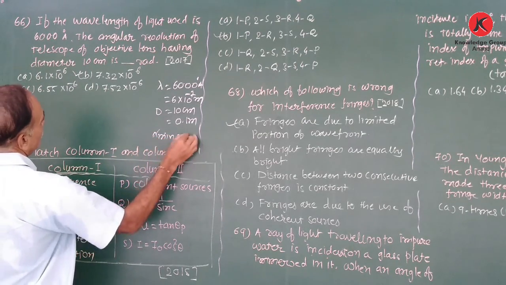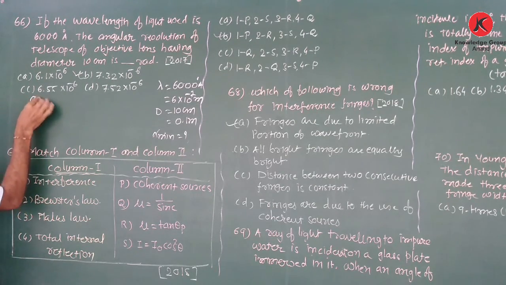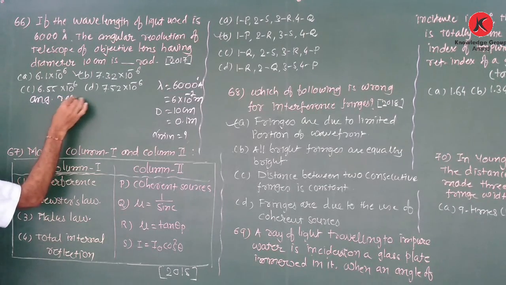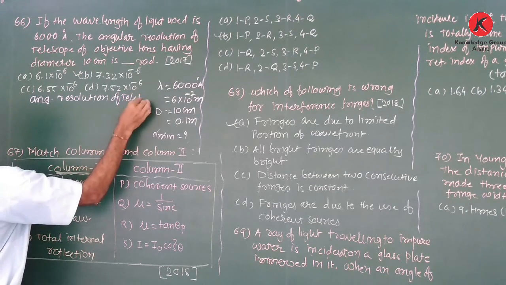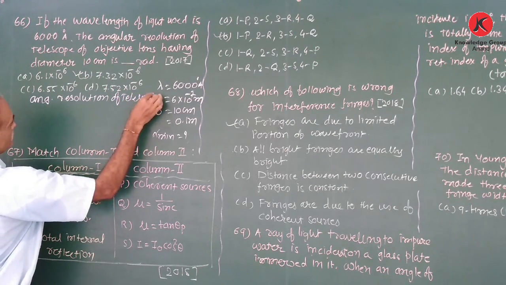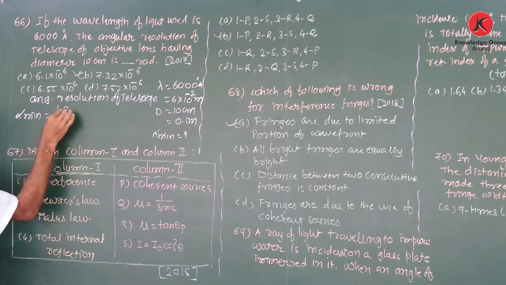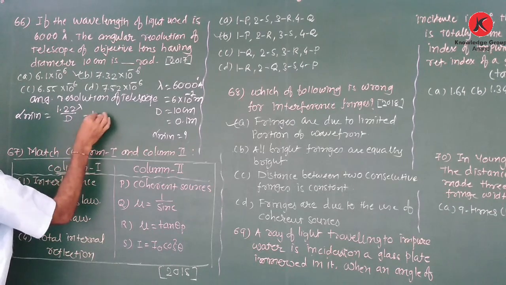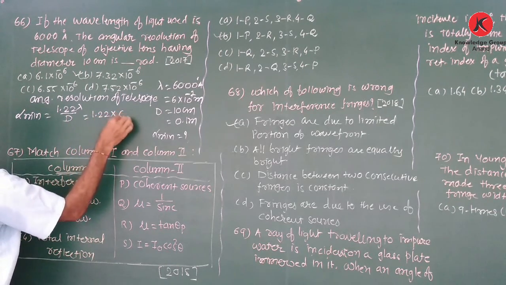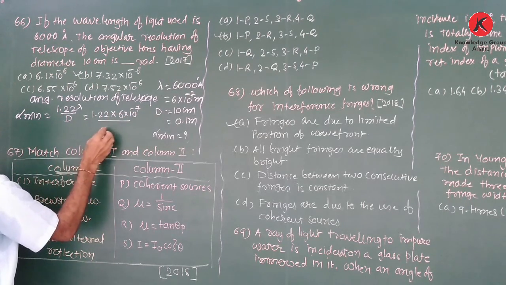Alpha minimum. We know that the angular resolution for a telescope, alpha minimum, is equal to 1.22 lambda upon capital D. Substitute the values: 1.22 into 6 into 10 to the power minus 7 upon D, 0.1.